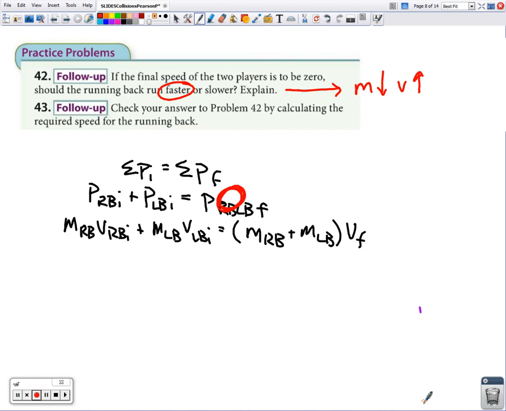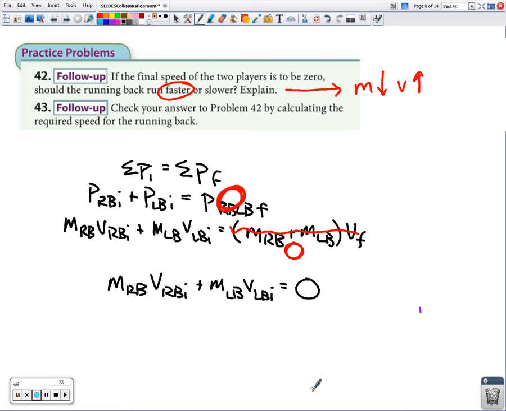And then, as far as 43 goes, just to follow up on our answer, again, if final velocity is going to be 0, that makes the whole side of this equation 0, and even though we've changed the parameters, it's still a completely inelastic collision, so we'd end up with mass of running back times velocity of running back initial plus mass of linebacker times velocity of linebacker initial have to equal 0.